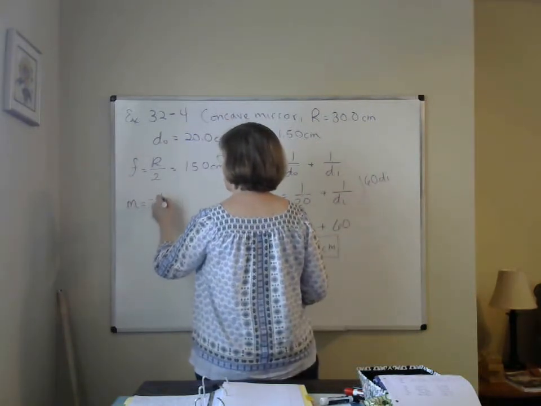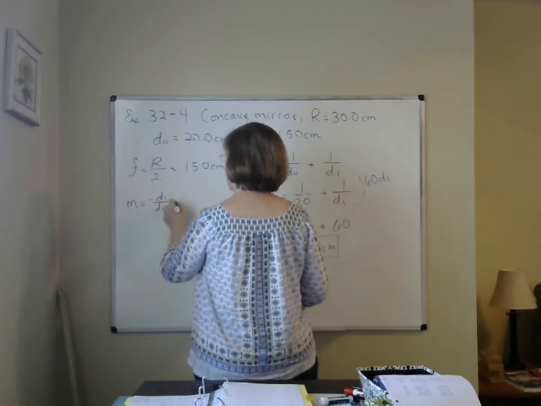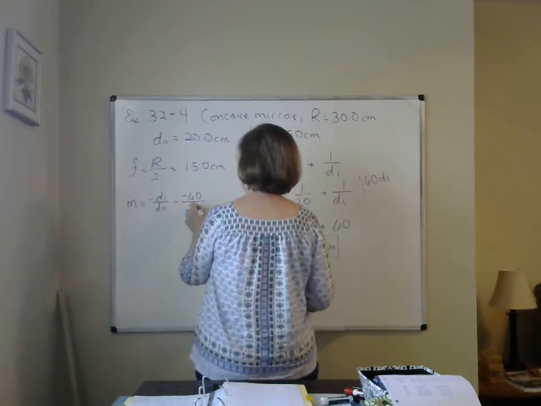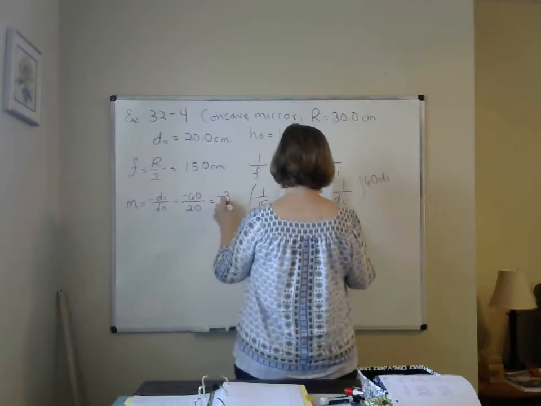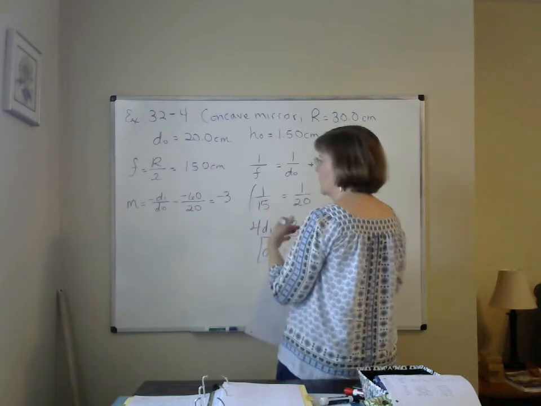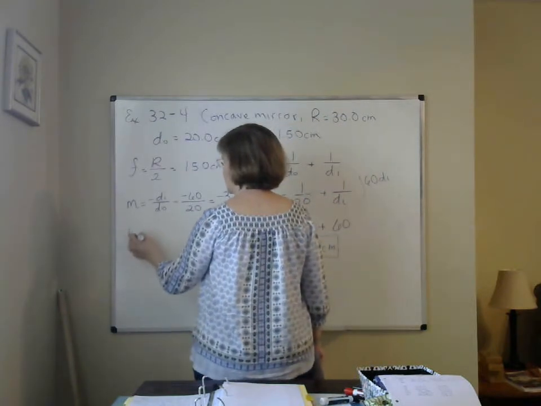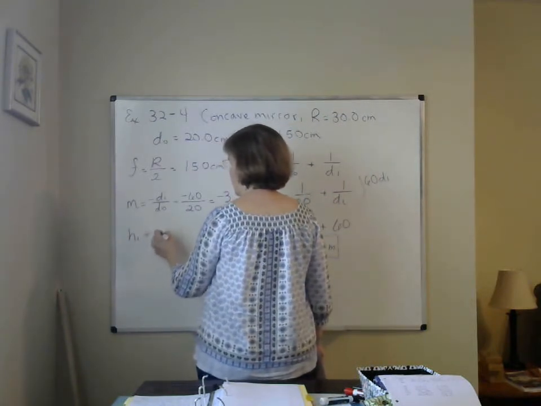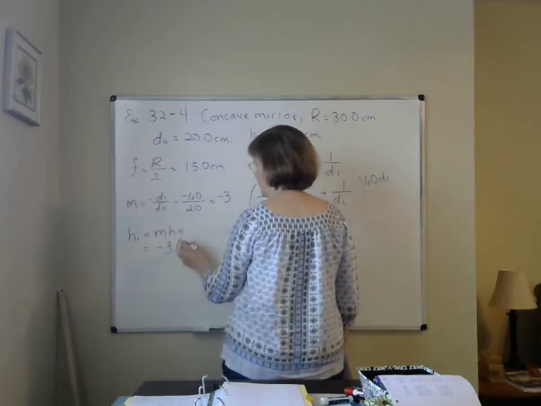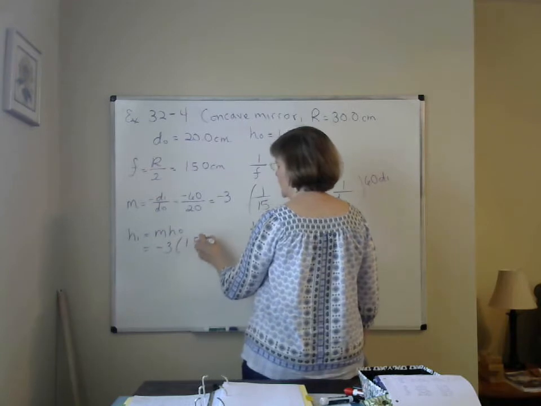it's negative di over do. So negative 60 over 20 is negative 3. If I wanted to know what the height of the image is, it would just be the magnification times the height of the object. Negative 3 times 1.5 centimeters.